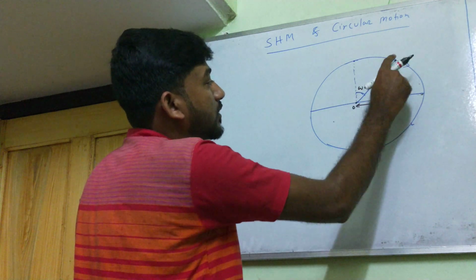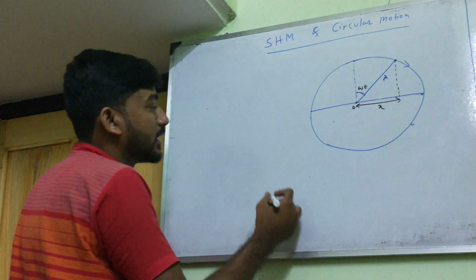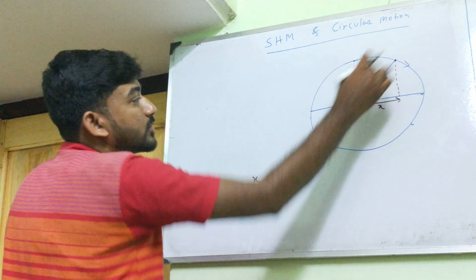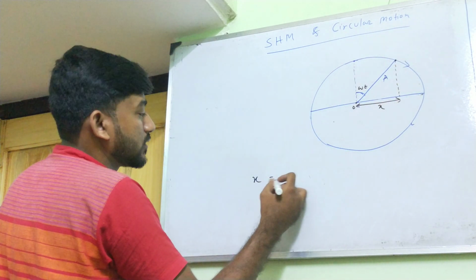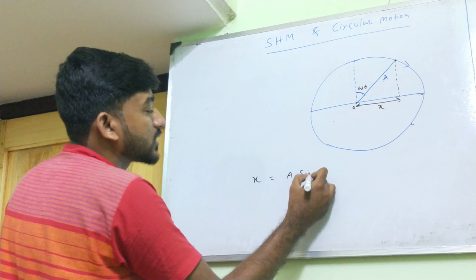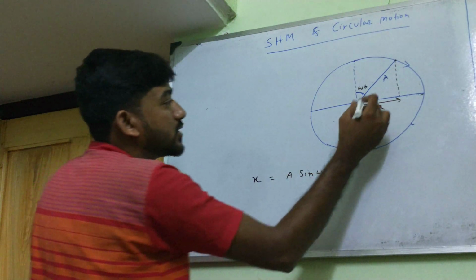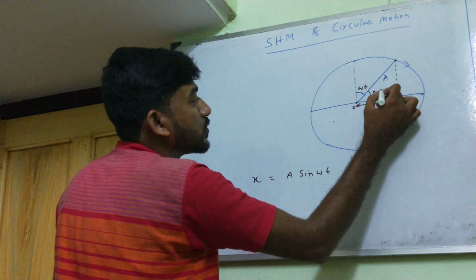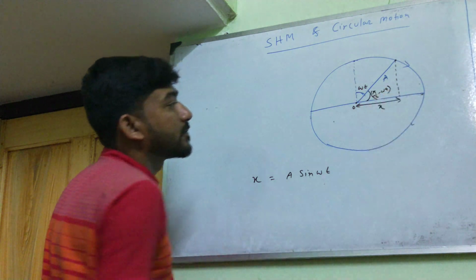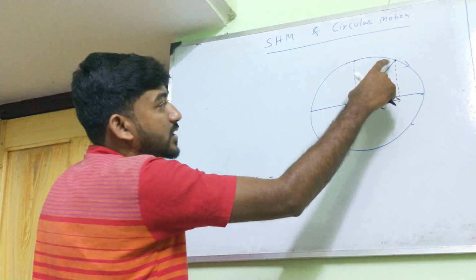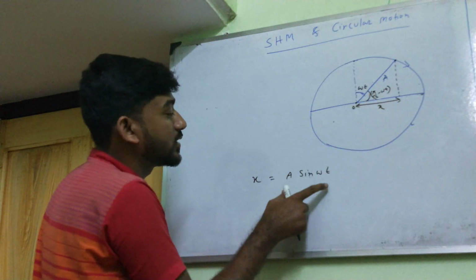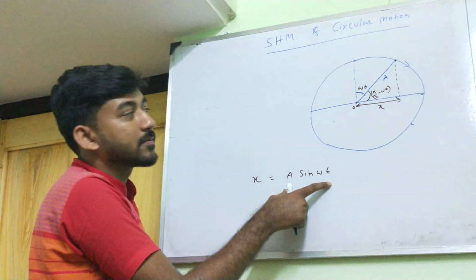So from this figure, from this triangle we can easily say that x is equal to a sine omega t, because this angle will be pi by 2 minus omega t, and the projection of this a along this line will be a cos of pi by 2 minus omega t, that will be a sine omega t.